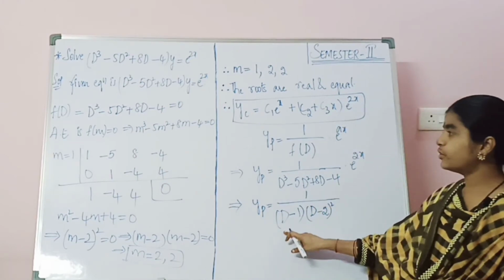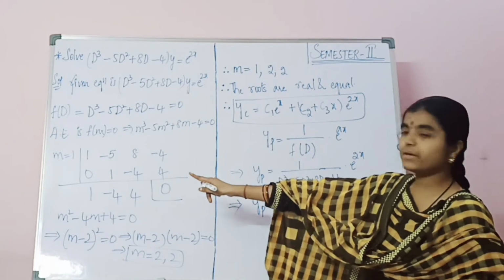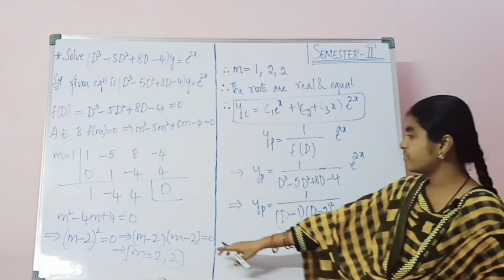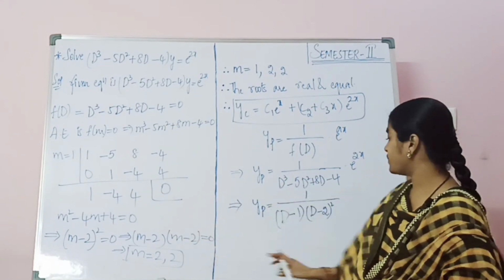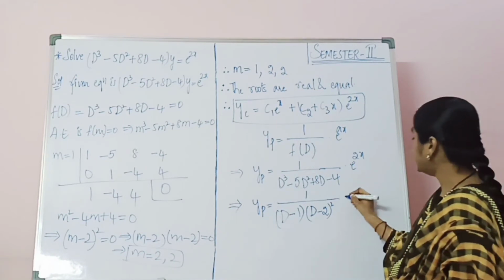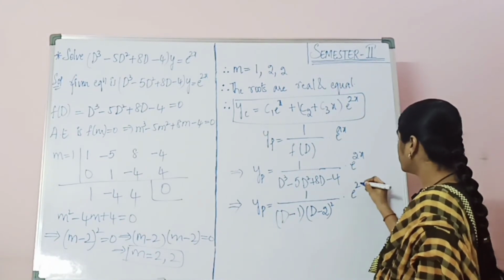D minus 1, because here m equals 1, so m minus 1. And (m minus 2) whole square gives (D minus 2) whole square.